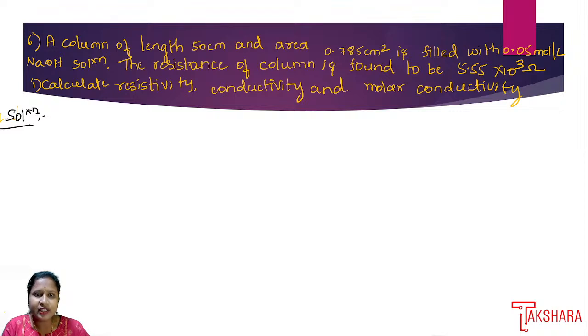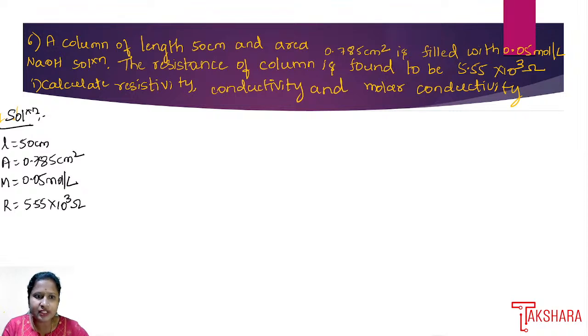So L is given as 50 centimeter, A is 0.785 centimeter square, the molarity is 0.05 mole per liter, and the resistance R is 5.55 × 10^3 ohm.